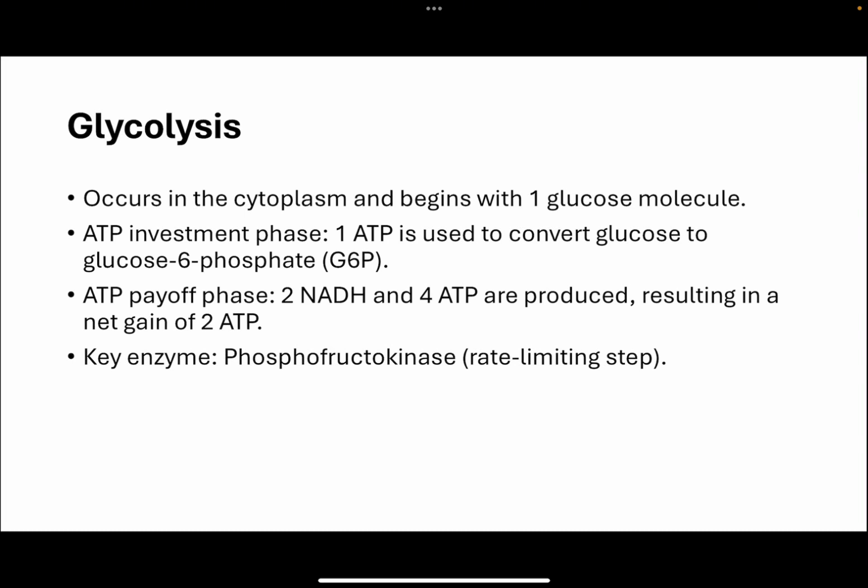One key step in this is the conversion of glucose to glucose 6-phosphate, which is G6P, and it is catalyzed by the enzyme phosphofructokinase.